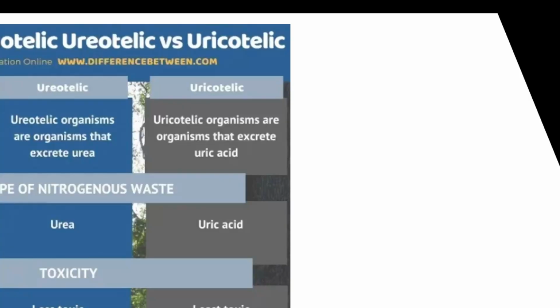And water requirement: high water requirement for ammonotelic. 0.5 liters of water is needed per gram of ammonia, while in ureotelic only 50 ml of water for 1 gram of urea, and only 10 ml of water for 1 gram of uric acid. I hope this helps in understanding ammonotelism in organisms, and the correct answer is amoeba, which is an aquatic organism. Is it clear to the students?